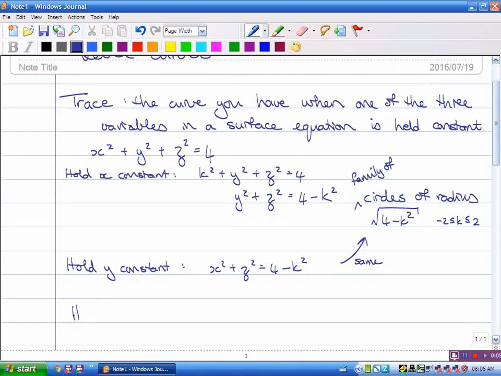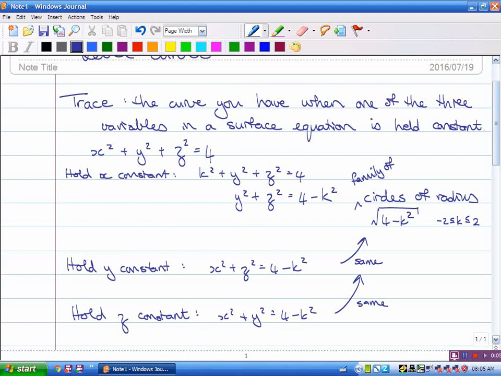And hold z constant, and we'll have x squared plus y squared equals 4 minus k squared, the same family of circles. If we were to draw those circles in two dimensions, in the first case we'd label our axes y and z, in the second case x and z, and in the third case x and y, but other than that the pictures would look the same.